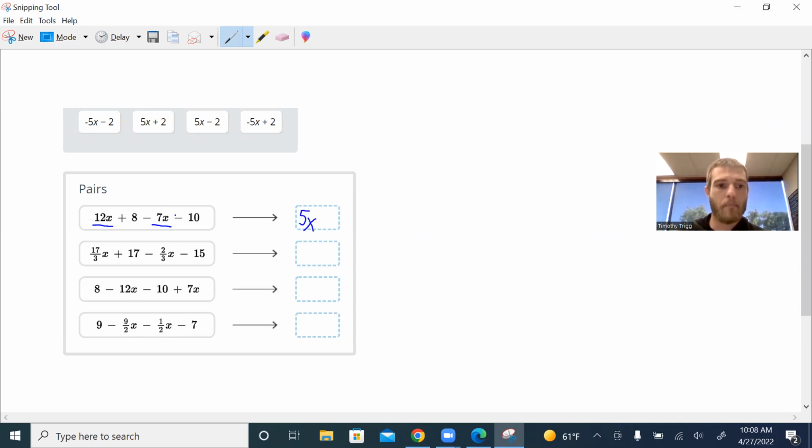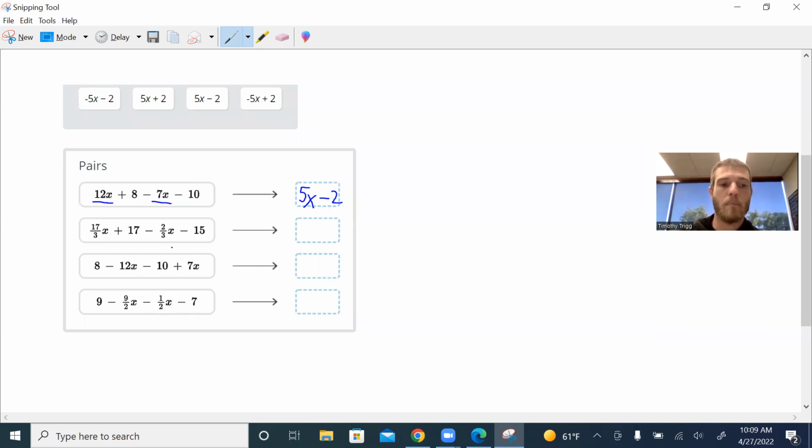And then 8 minus 10 is negative 2. When it comes to adding and subtracting positives and negatives, always keep in mind that you take the sign of whatever you have more of. In the case of 12 minus 7, you have more positives, so that's why it's 5x. But 8 minus 10, you have more negatives, so that's why it's a negative 2.